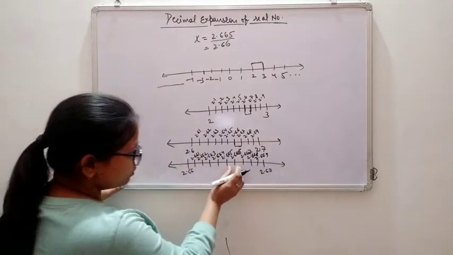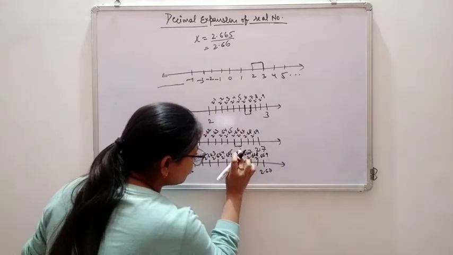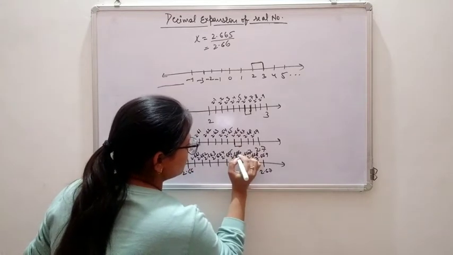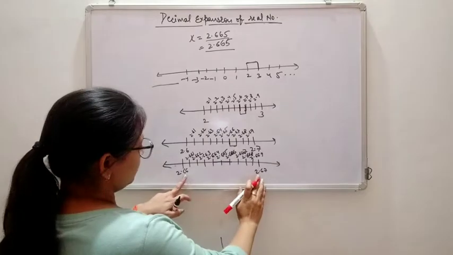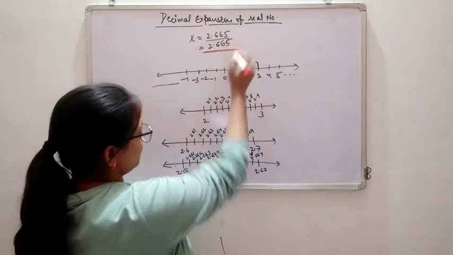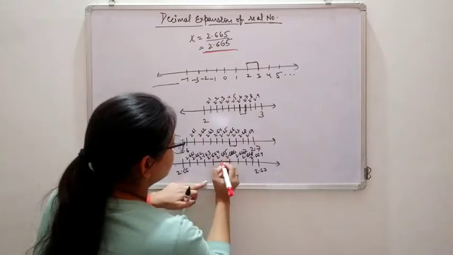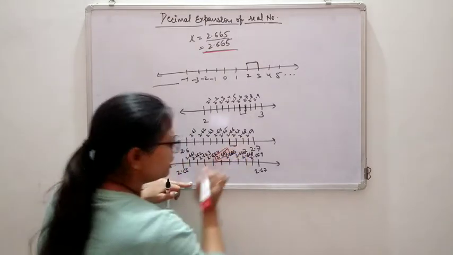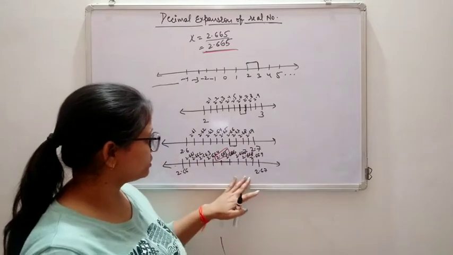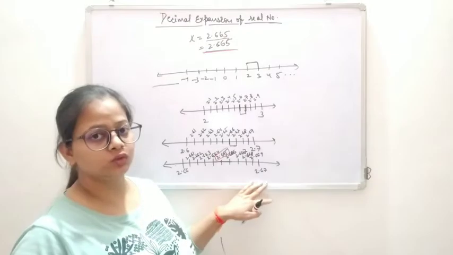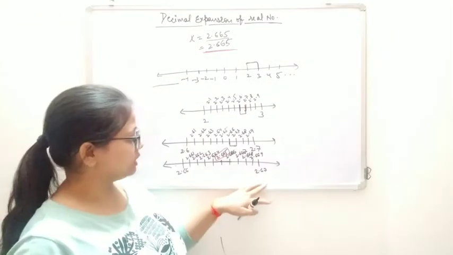Clear? I hope this is clearly visible, right? Now you can easily figure out the number 2.665. Where is this point? This is your point, 2.665, right?